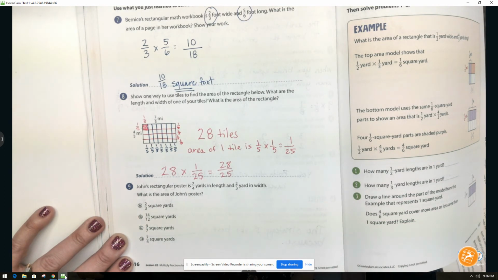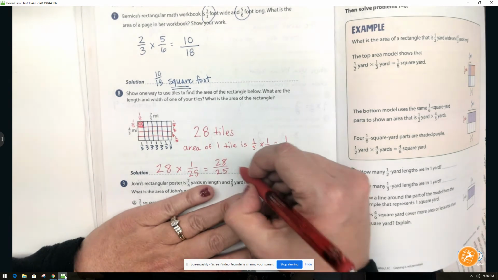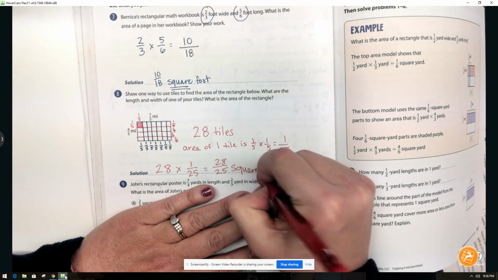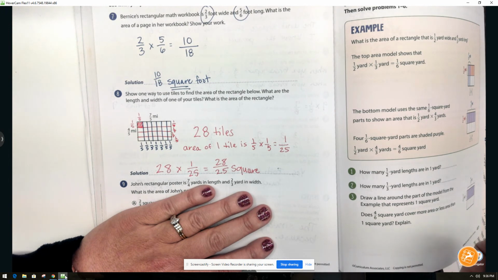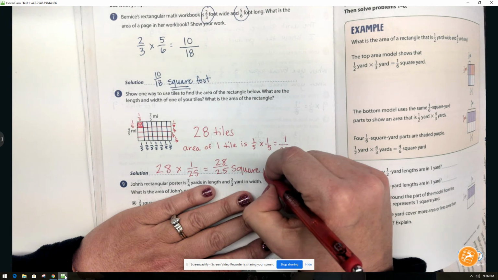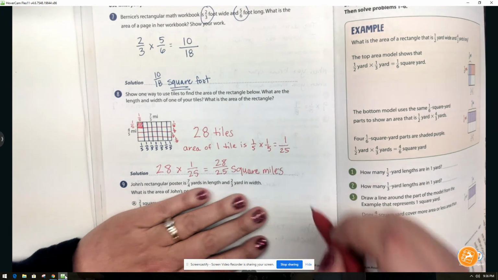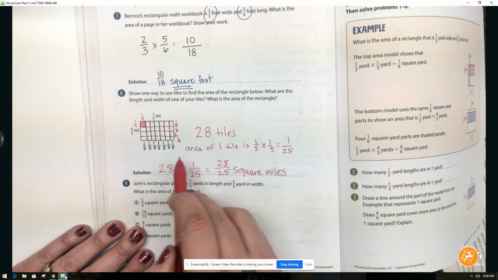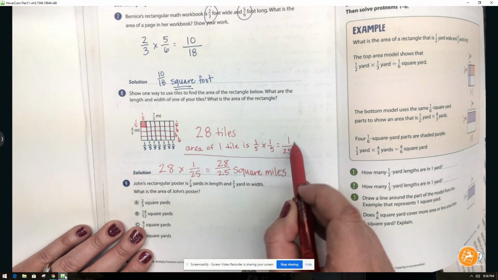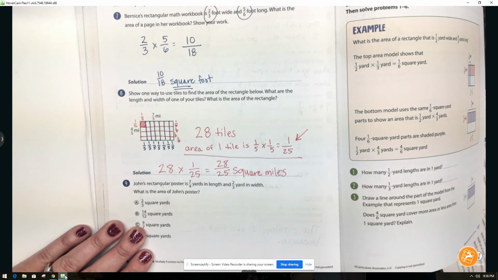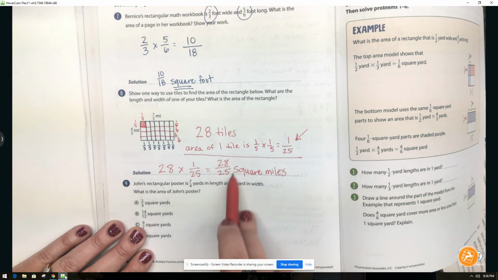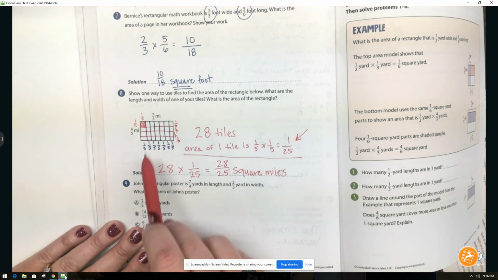So the area is in square miles. And what is the area of one tile? It is 1/25. The area of the entire section is 28/25. That one's a little rough.